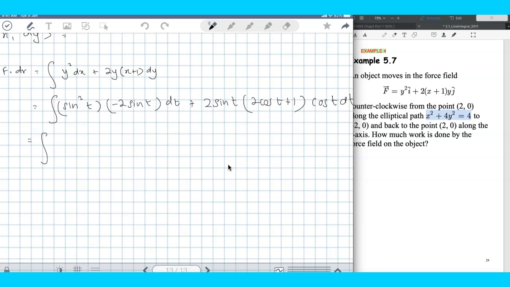So we have negative 2 sine cube t, and because they are all t, we can join them together. So we have plus 2 sine t plus 4 cos t sine t dt.